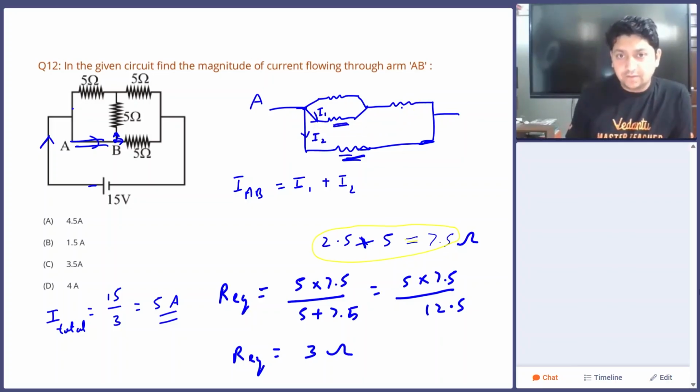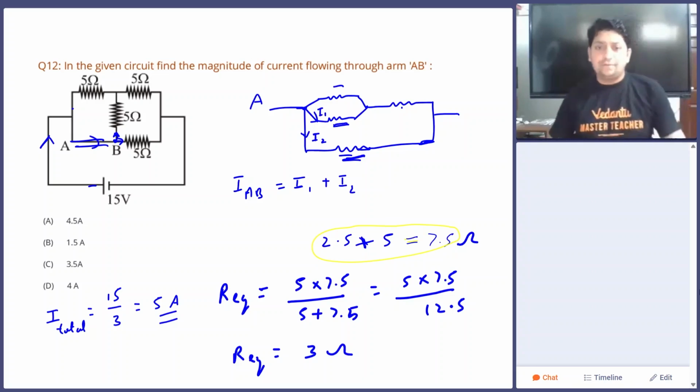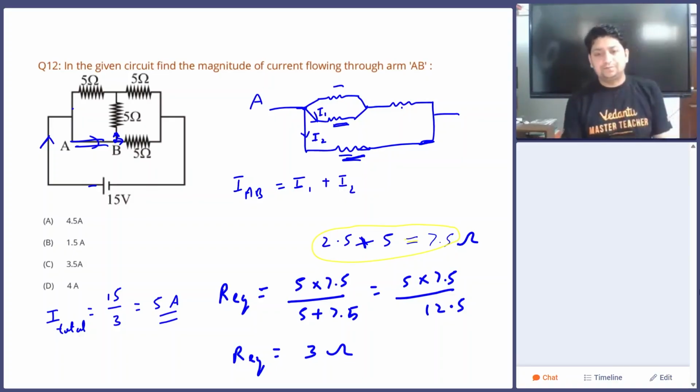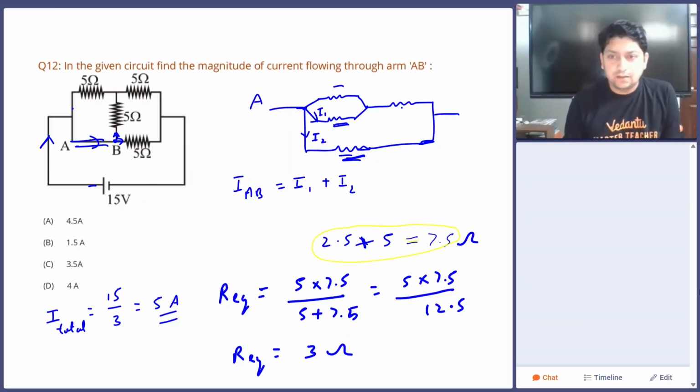See, over here this is 5 ohm, this is also 5, this is also 5, and the current will be divided equally, but overall the current over here is 5 ampere, right? These are two resistances, 7.5 and 5.